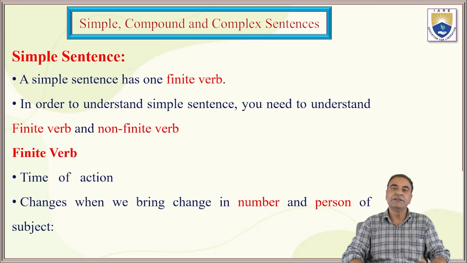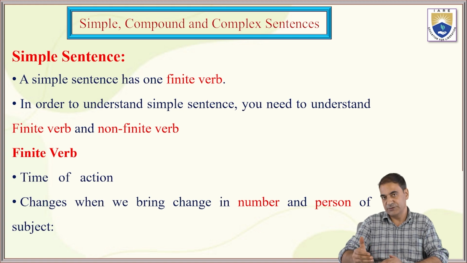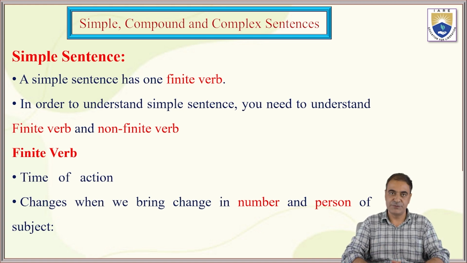And the second point is, a finite verb changes if we bring change in the number, gender, or the person of the subject. Which means, for example, if you change the number of the subject from singular to plural, or if you change the person of the subject, for example from first person to second person or third person, and vice versa.